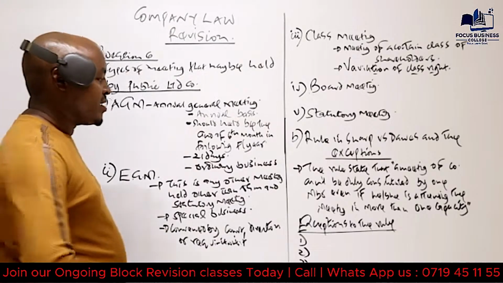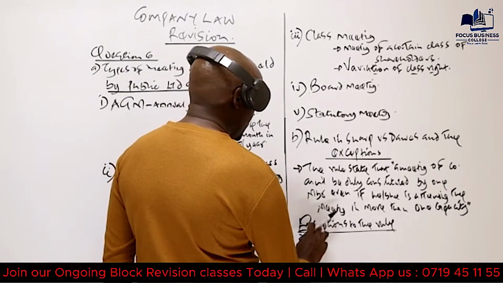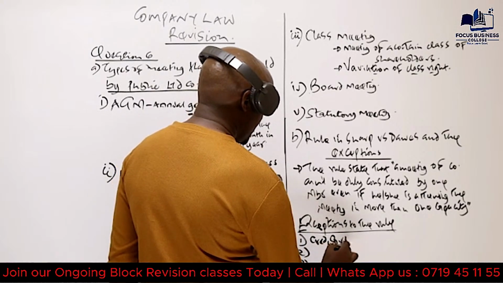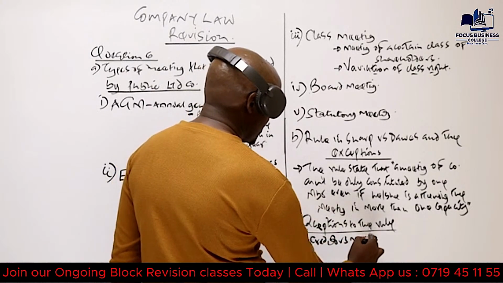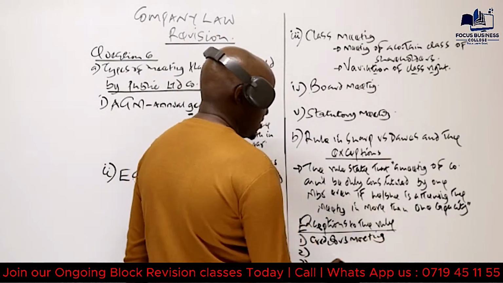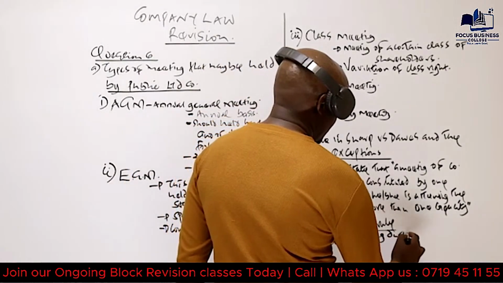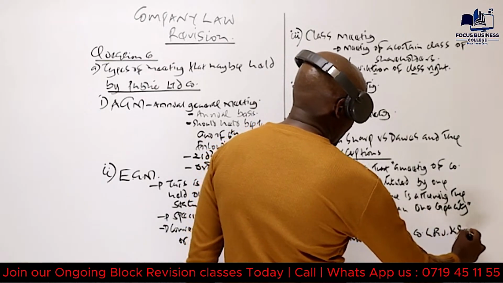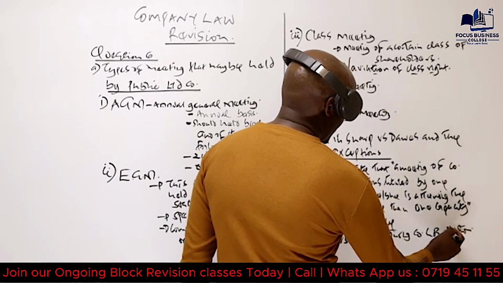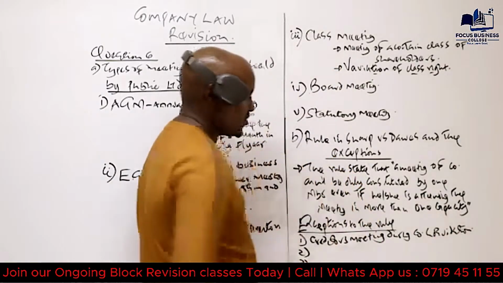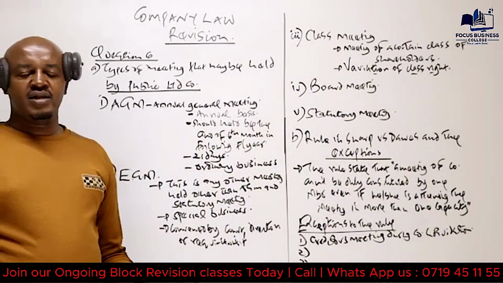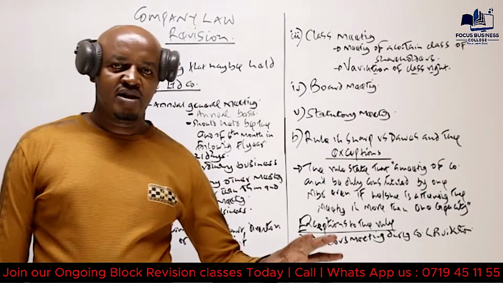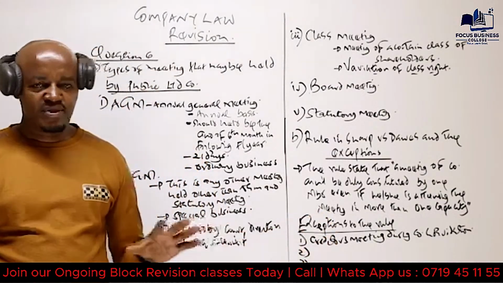Number one is what we call the creditors meetings. The creditors meeting during the company's liquidation. Now, if you can recall what we said in relation to the topic of company's liquidation, we said whenever a company is being liquidated, meetings of creditors must be convened.